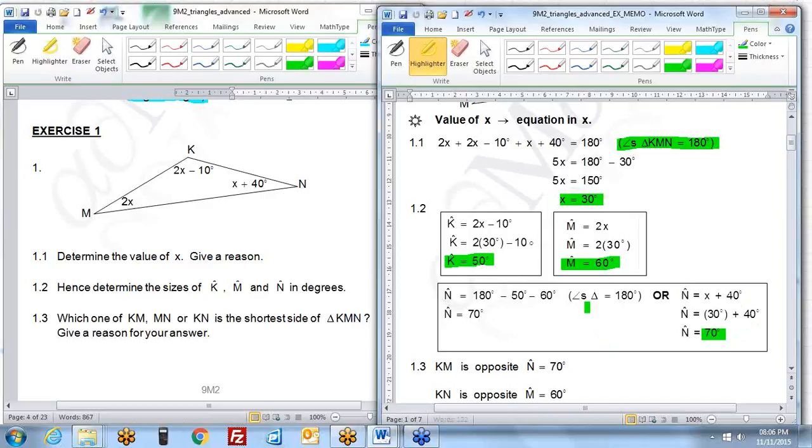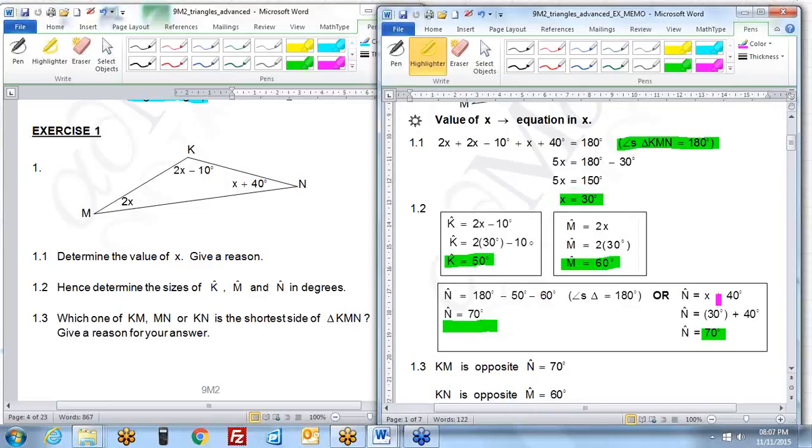If you choose to do the other method, where you just say angle N equals 180 degrees, because that's the sum of the 3 inner angles of a triangle, and you subtract angle K and angle M, then you will also get to 70 degrees. But now you have to remember the main thing: you have to give this additional reason, because how did you know to subtract the other two angles?